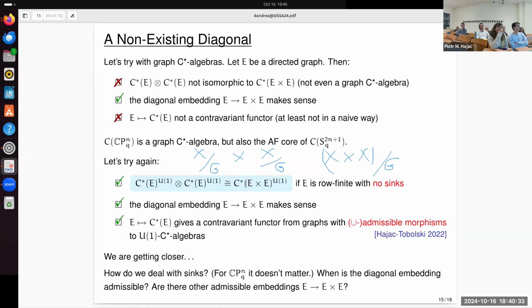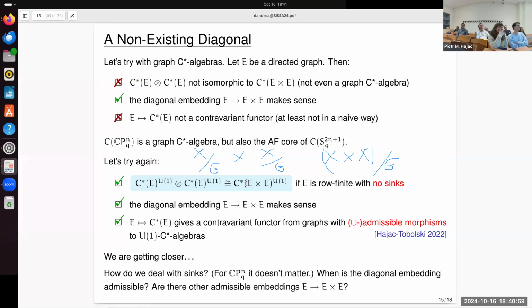Yes, but the ideology Piotr sketched here for quotients of spaces is not so far from the idea of my comment. Of course, the Cartesian product of graphs is more complicated than of spaces. Yeah. But definitely one copy of G is missing in this picture.